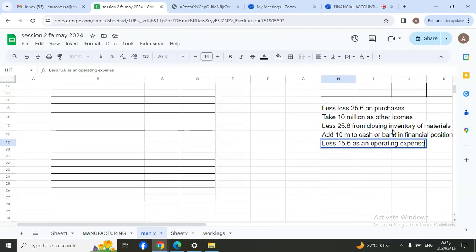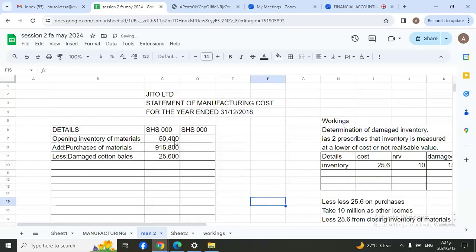Why am I taking the 25? Because the 25, all of it was damaged and I sold it off. So it means my purchases for the year should reduce. Are we together? Yes. So let's continue.